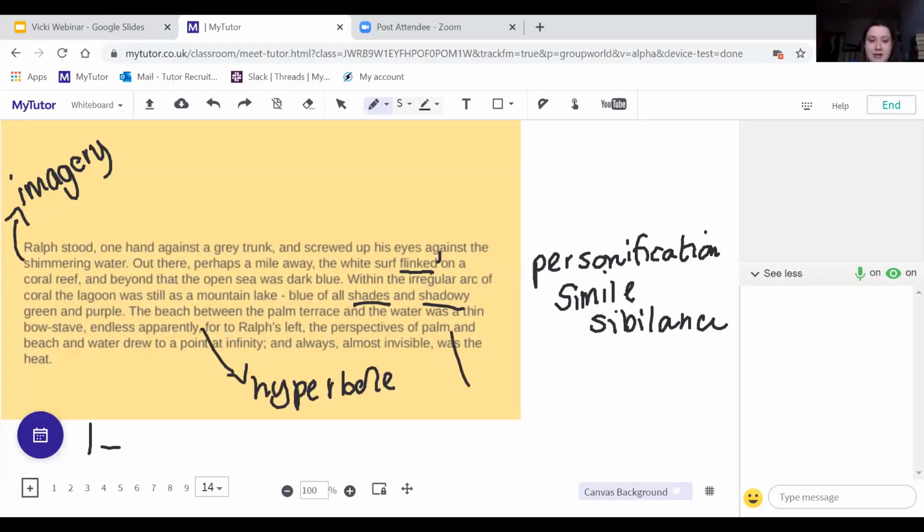So we've got some really nice alliteration here. Perspectives of palms, repetition of the p sound, and beach and water drew to a point at infinity. So again, we've got a hyperbole here. And always, almost invisible, was the heat. So again, that's relating back to the exotic nature, which you can link into the imagery.